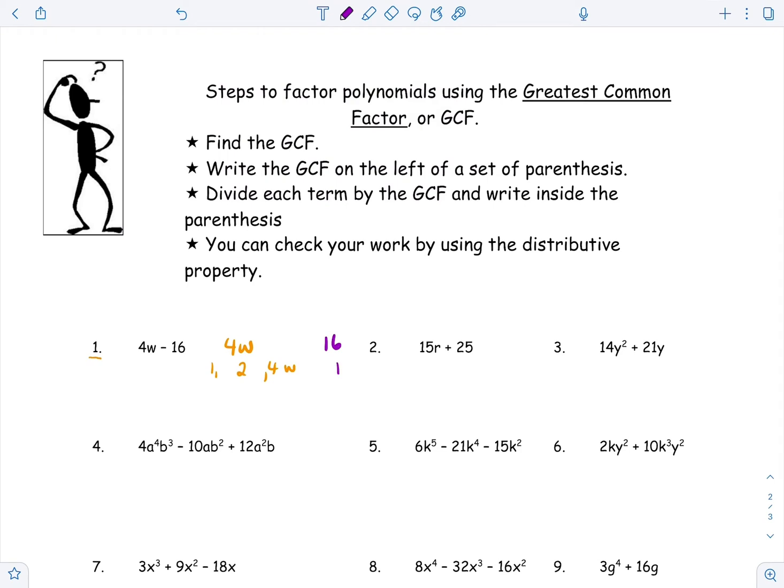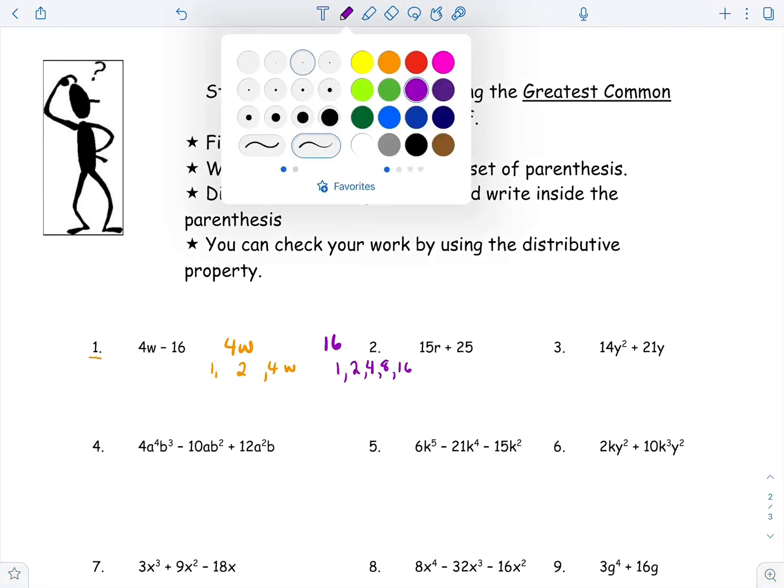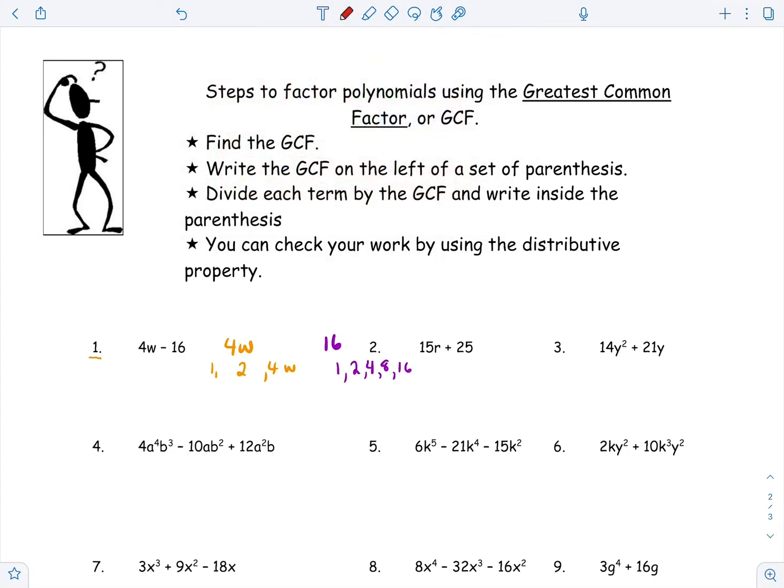For 16, there's 1, 16, there's 2, 8, and then there's 4. All right, what's the greatest common factor between them? Well, they each have 2. Actually, that's not the greatest, though, is it? It's 4.